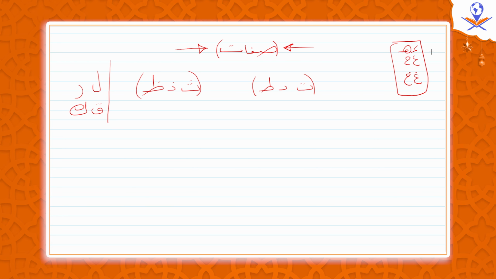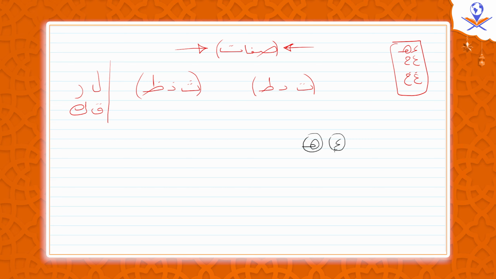So, for example, we have hamza and ha, they come out from the same makhraj, the same place. So what makes ha different and what makes hamza different? Because they come out from the same point, right? But they're still different.